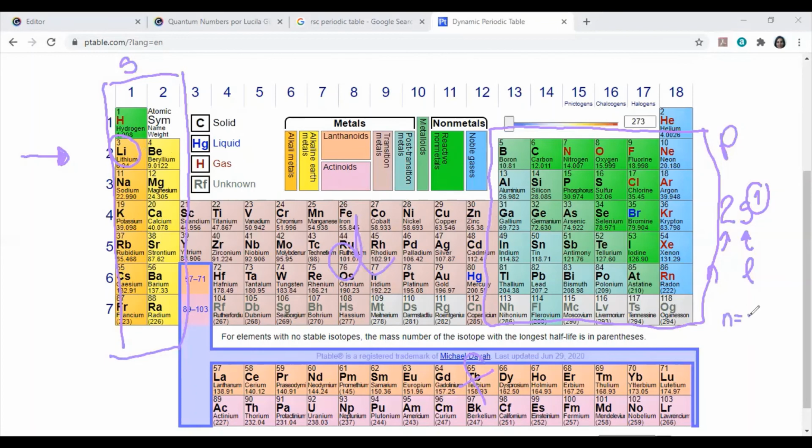So N would be 2, given the energy level and the period. L, based on the type of orbital, would be 0 because it's S. M would also be 0 because in the case of S, since I only have one type of suborbital, I don't have any other possibility.